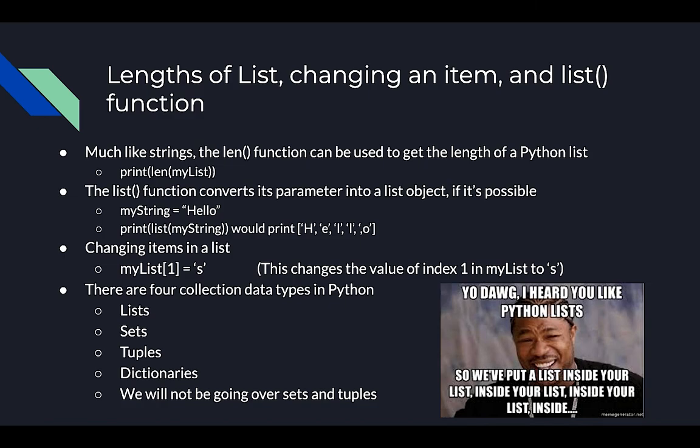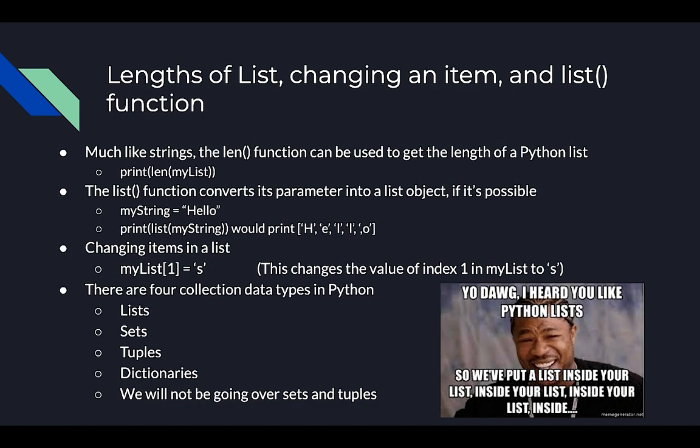And then, adding on to what he said, there's also more functions you could do with lists, such as finding the length of the list. If you want to know how many elements are in the list, you can simply do len in parentheses, put the list you want, and it'll print out how many elements are in there.